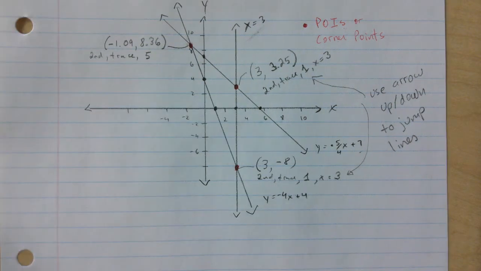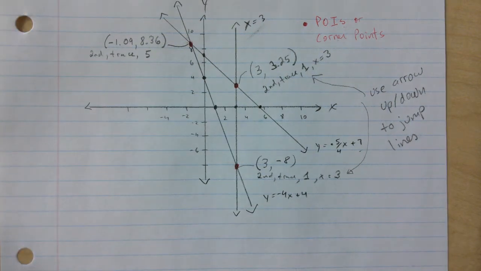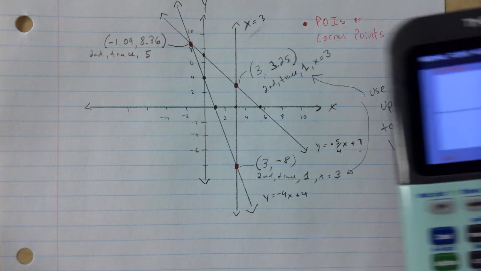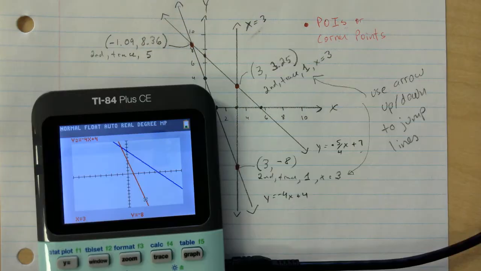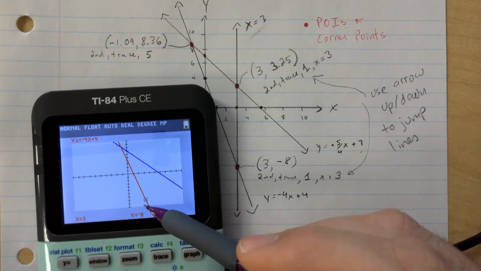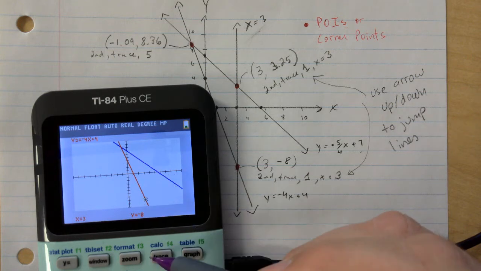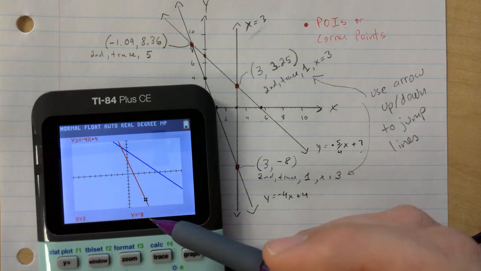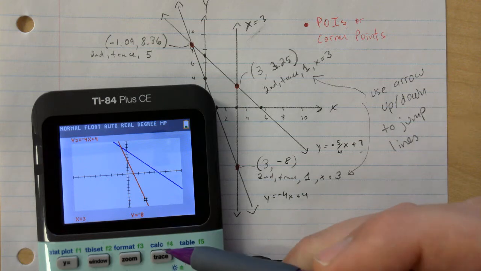I am not sure, but I have a feeling that if you had wanted to jump, but this value would have been outside your window, I think it might complain. So you might have to decrease your y min a little bit until you see it, and then you can jump.